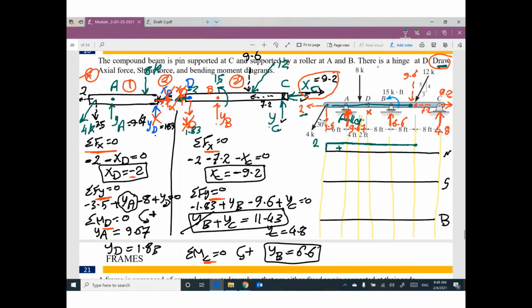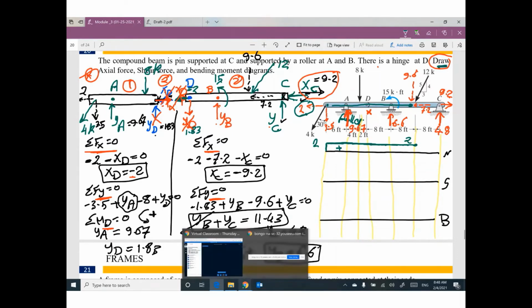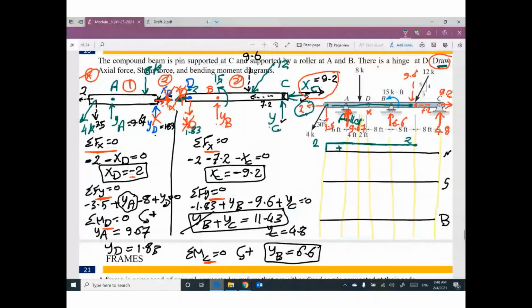Until you found 7.2. My question is, do you think 7.2 will help 2 or will decrease 2? 7.2 at this location to left will help or will reduce the value 2?